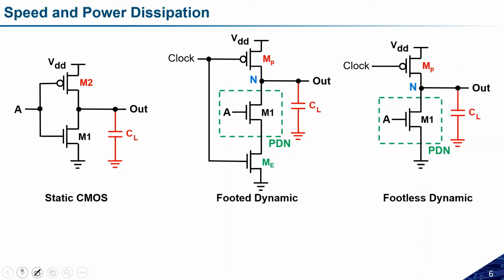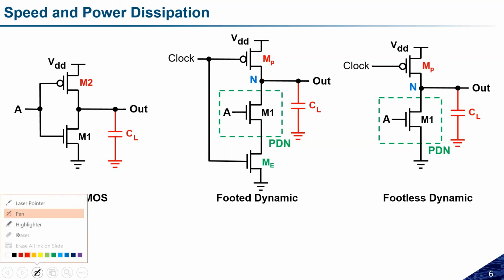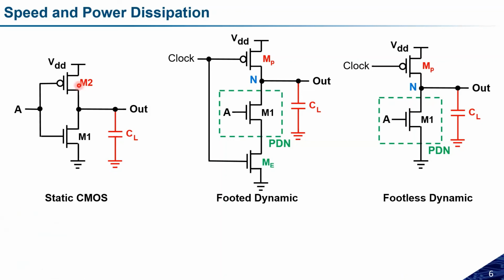If I'm talking about the static CMOS structure, tPLH is decided by this transistor M2, and tPHL is decided by this transistor M1. Let us use the laser. So tPLH and tPHL are decided by M2 and M1 respectively.